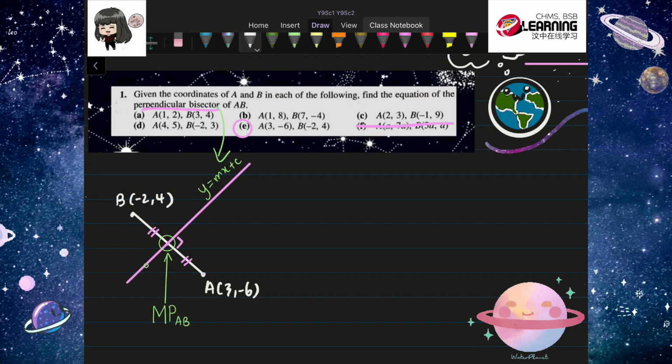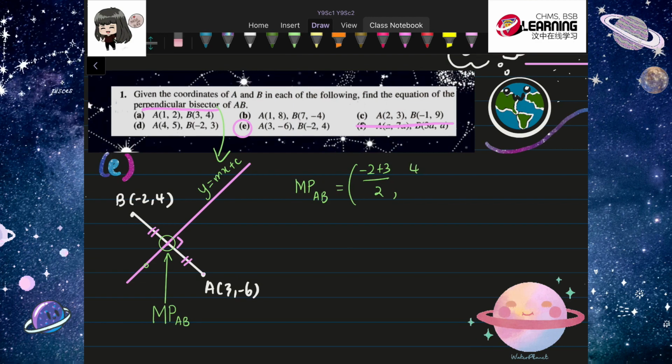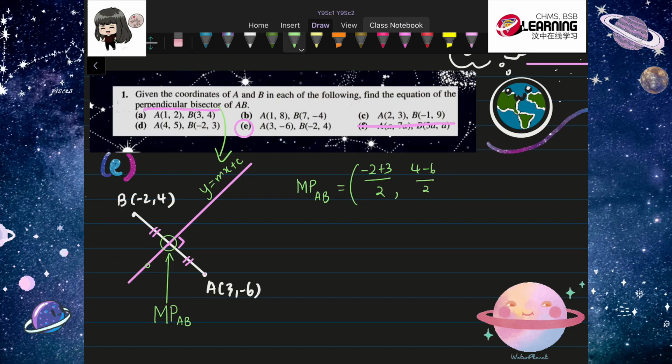So to find the midpoint of AB, I'm doing E. The midpoint of AB, we use (x1 plus x2) over 2, (y1 plus y2) over 2. Plus y2 is minus 6 over 2.